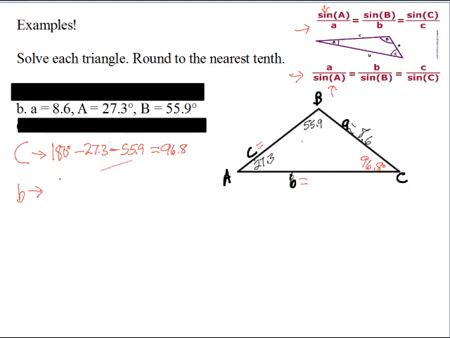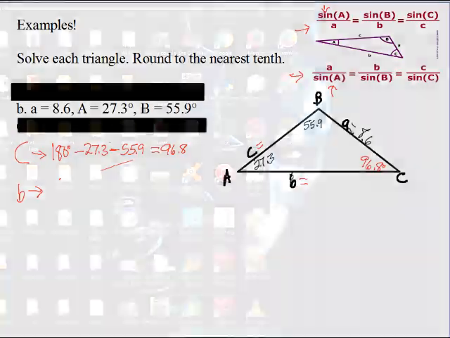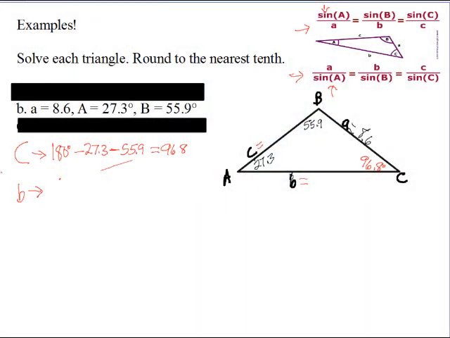So first and foremost, we have 8.6 on top, sine of 27.3, which is equal to little b, we don't know little b, over sine of 55.9.